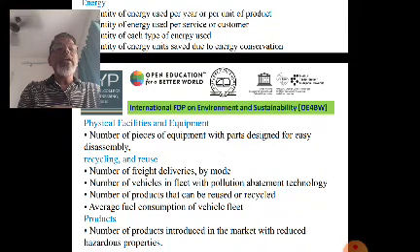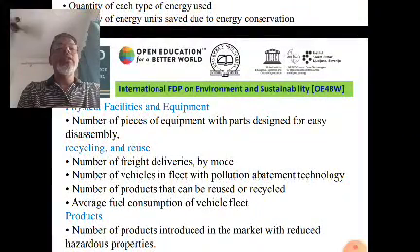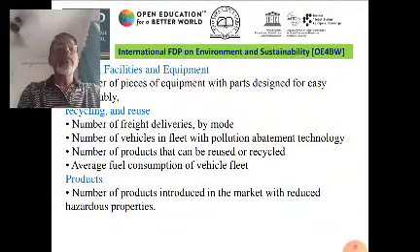Then recycling and reuse: number of freight deliveries by mode, number of vehicles in the fleet with pollution abatement technology, number of products that can be reused or recycled, and average fuel consumption of the vehicle fleet.